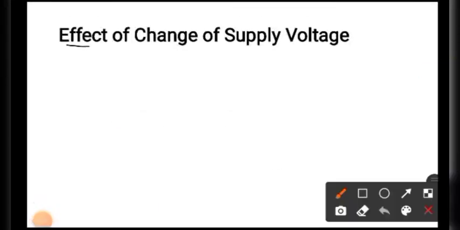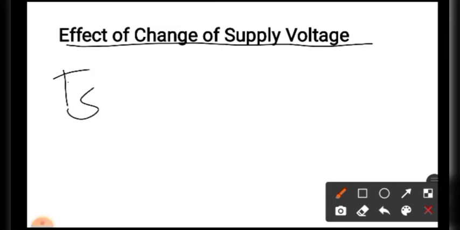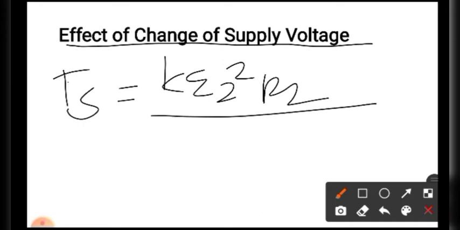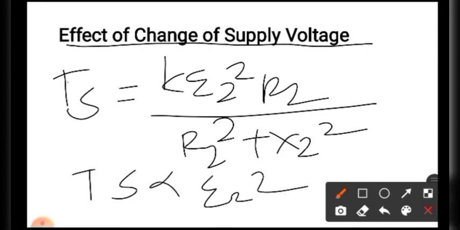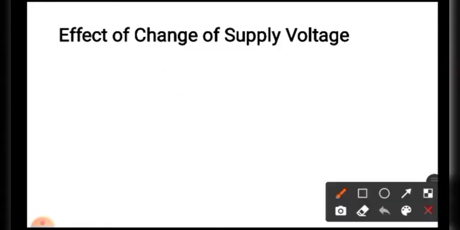Let us see the next point, effect of change in the supply voltage. Firstly, we are going to see the starting torque equation. It is given as Ts = K E2² R2 divided by (R2² + X2²). This is the equation at the time of starting. In this equation, Ts is directly proportional to E2².